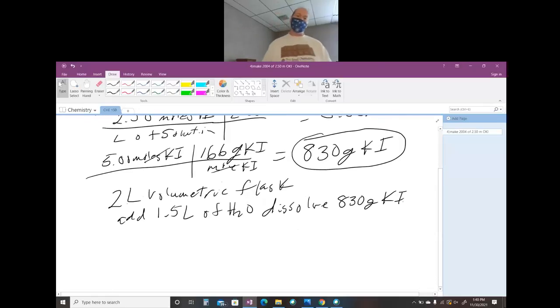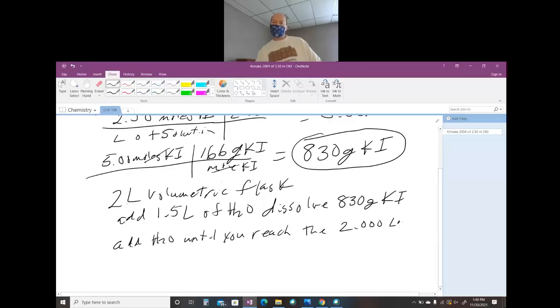Once all of the KI dissolves, you add water until you reach the 2.000 liter mark.